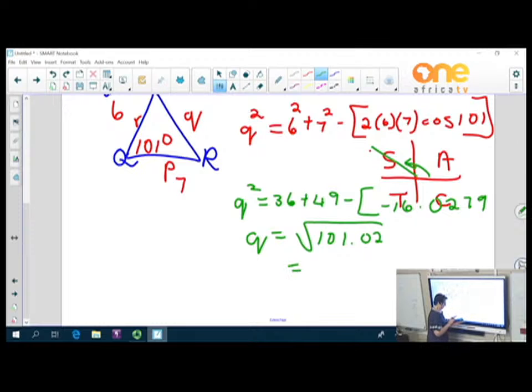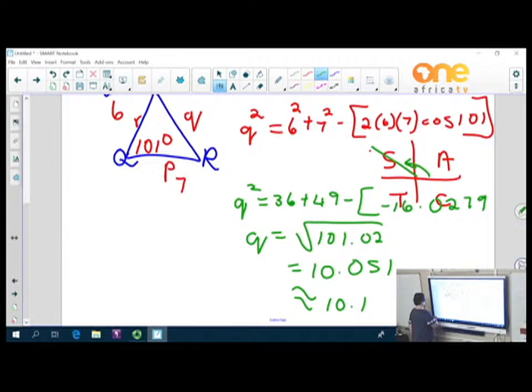And then we root it. You square root that one. The final answer is 10.051. This rounds off to 10.1 centimeters. Good. Well done. Now we're moving to exercise 33.